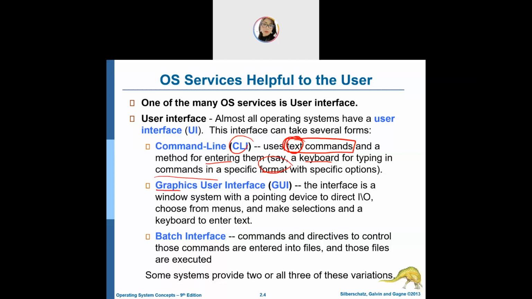While for your graphic user interface, your GUI, it is the interface in the Windows system with a pointing device to direct your input and output, related to your mouse. The output display will be your computer or laptop display, with selection made by the mouse and a keyboard to enter text.